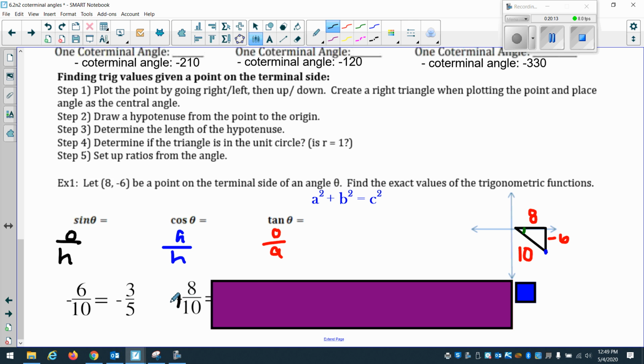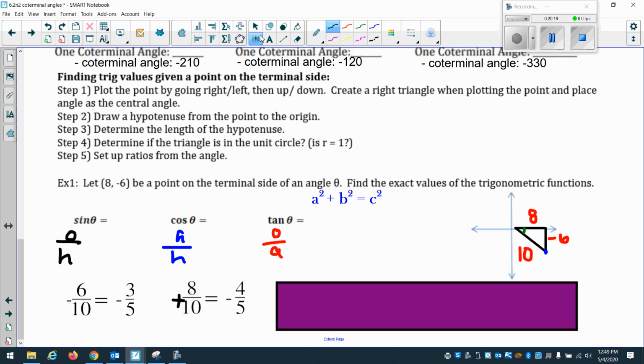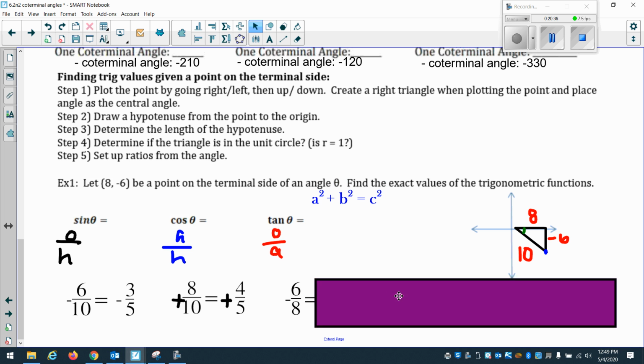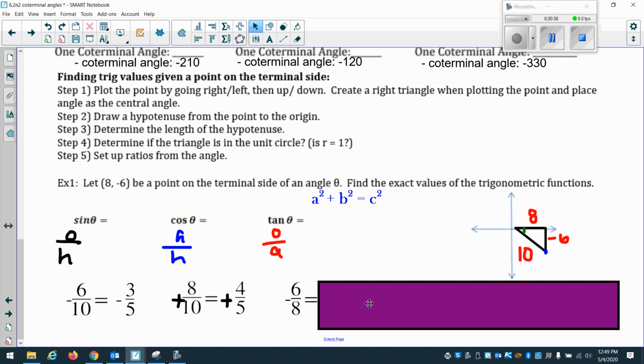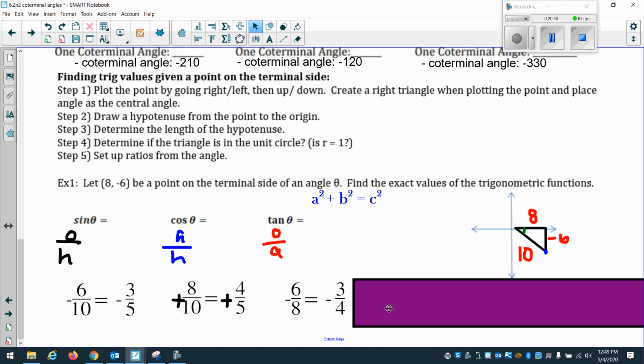This is positive. Okay, so therefore my reduced value, hopefully, is going to be positive. And I just copied it over. That's why there's a negative still there. And once we reduce, it's positive 4/5. Now tangent is opposite over adjacent. So negative 6 over 8, okay, which reduces to negative 3/4.